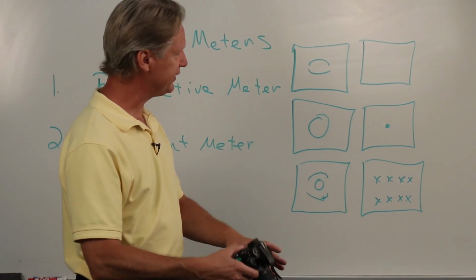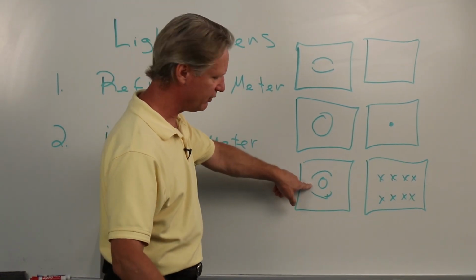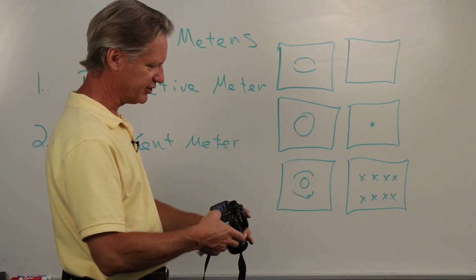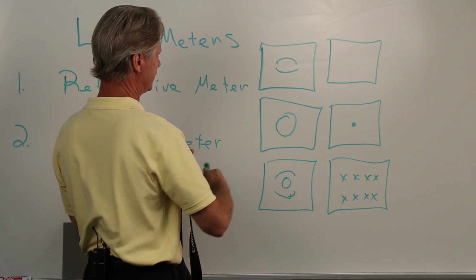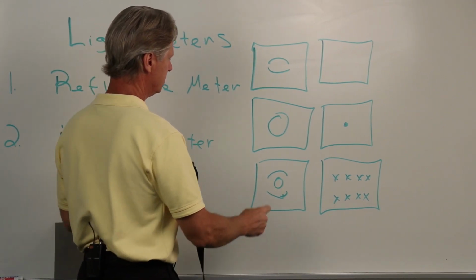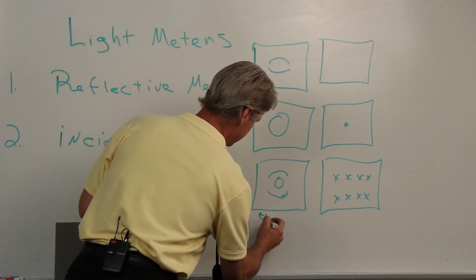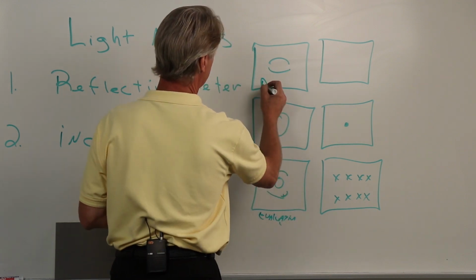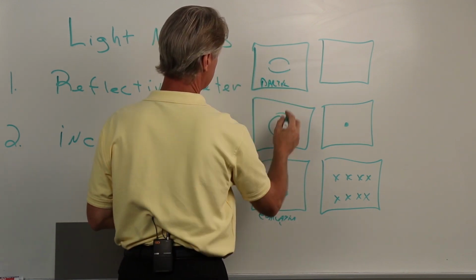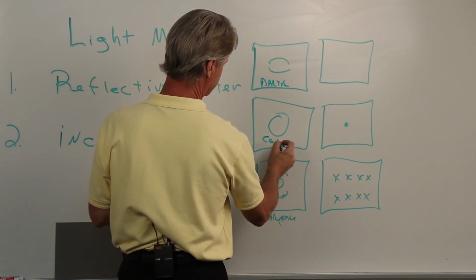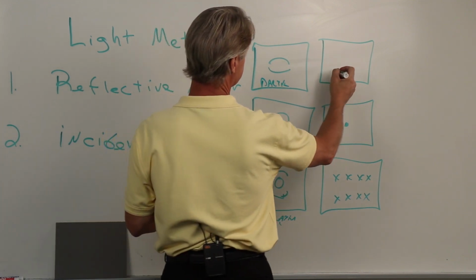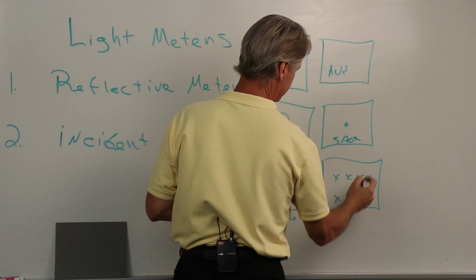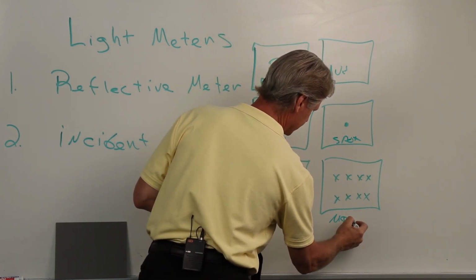So this one's called evaluative. The next one is called partial. Sometimes this one's called center. This one's called average. This one's called spot. This one sometimes is called matrix.